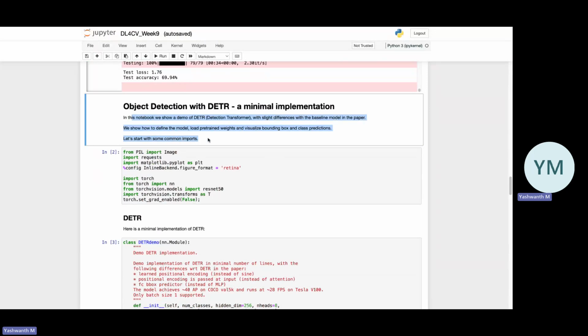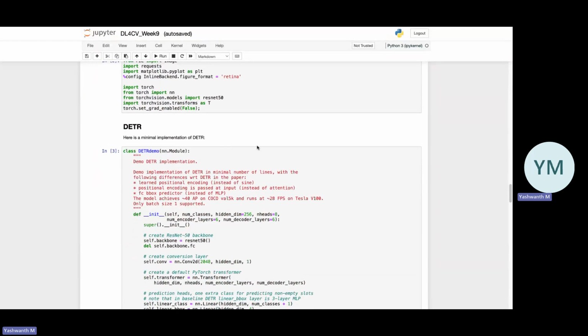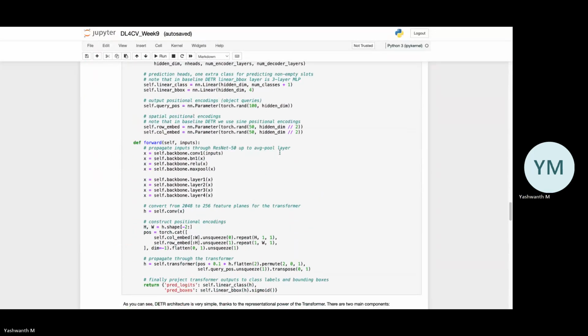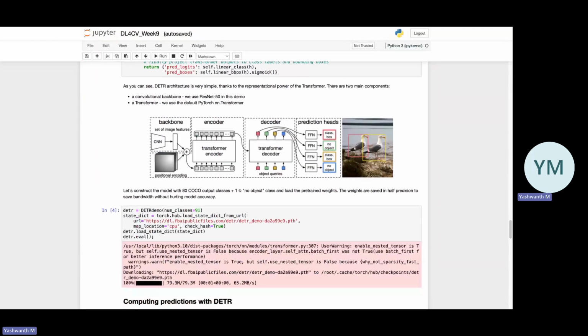We again use object detection using the transformer, right? So this is typically the architecture of the transformer based object detection.